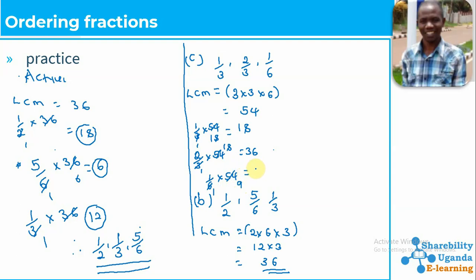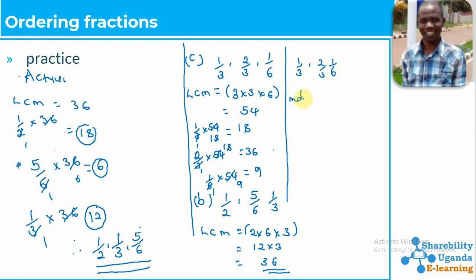So this simply means we have 9 here. So from here, our fractions are 1 out of 3, then 2 out of 3, then 1 out of 6.